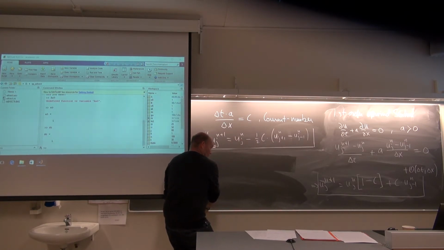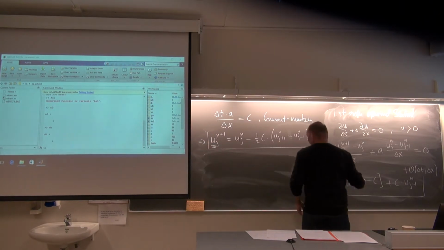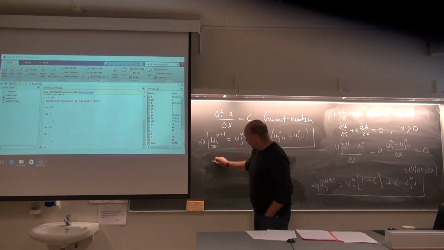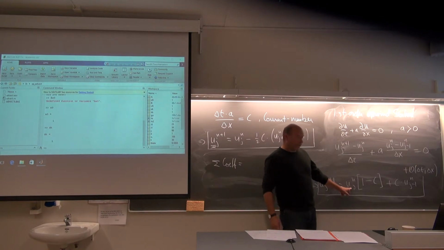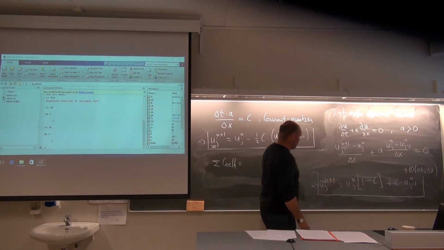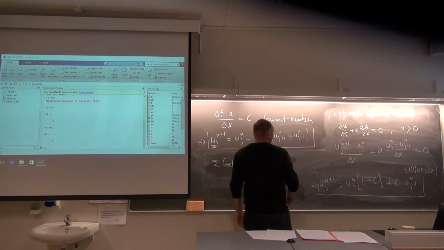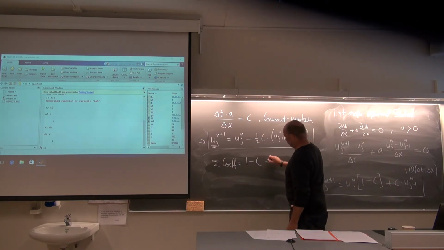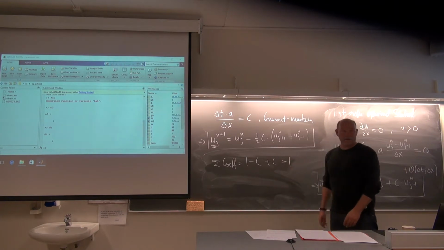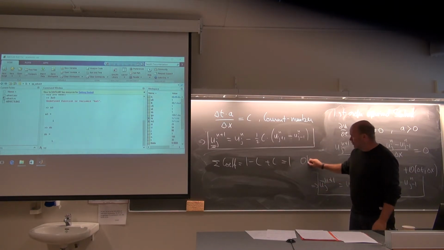And is it stable or what? Let's check. The sum of all coefficients now equals, well, for the uj, you have the coefficient 1 minus c. For uj minus 1, you have the coefficient plus c. And yes, the sum is 1. Okay, we can use the method.